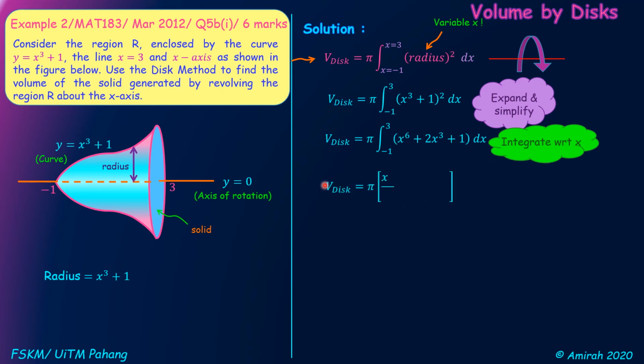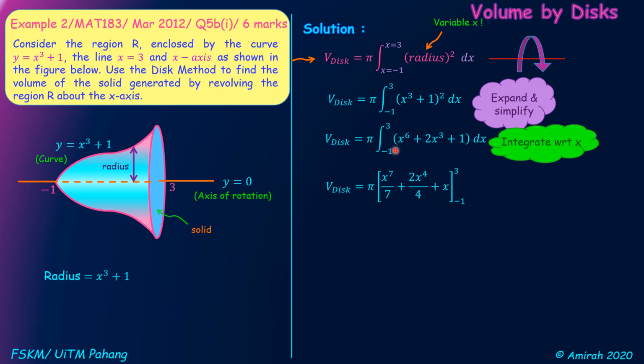So volume by disk equals pi, and when we integrate x to the power of 6 using the power rule, we get x to the power of 7 over 7 plus 2, the constant, times x to the power of 4 over 4, plus x.